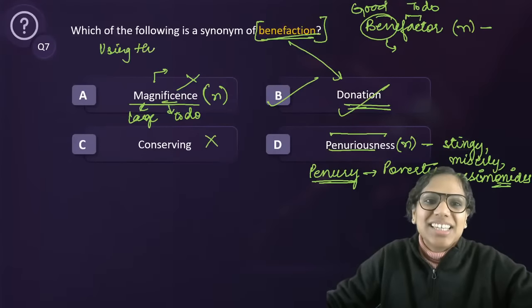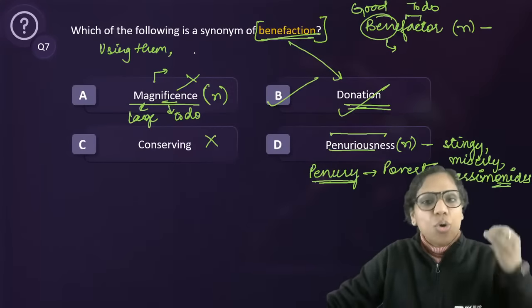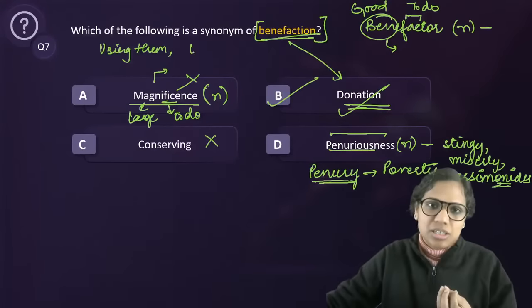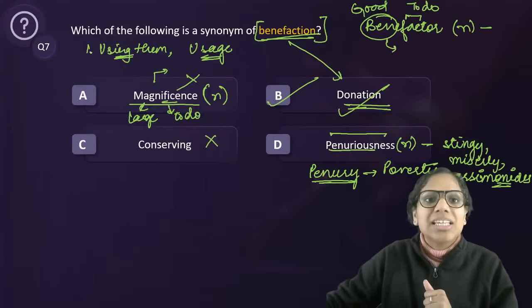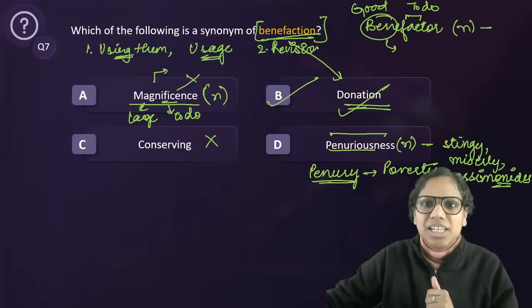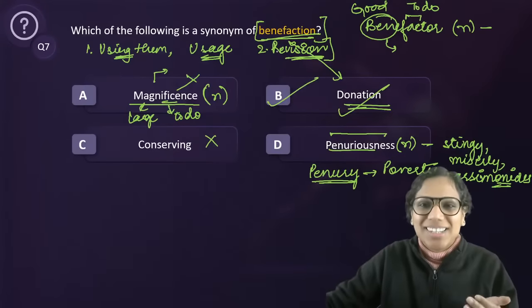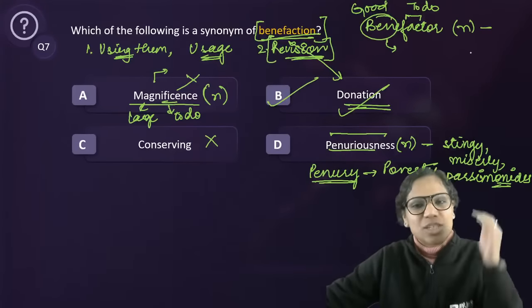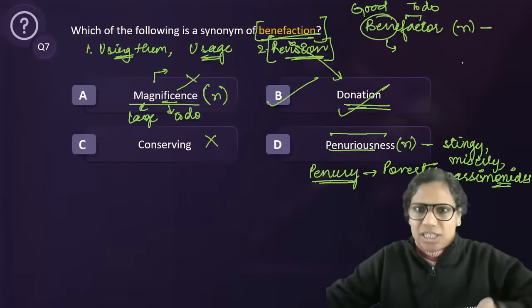The other is, whenever you learn the meaning of a word, always see how it has been used in a sentence. Usage is something you have to focus a lot on. Second is revision. Human memory is not as great as we think it to be. It's a little fragile, we tend to forget things. So we have to revise. On a weekly basis, whatever words you learn, please revise them over the weekend.